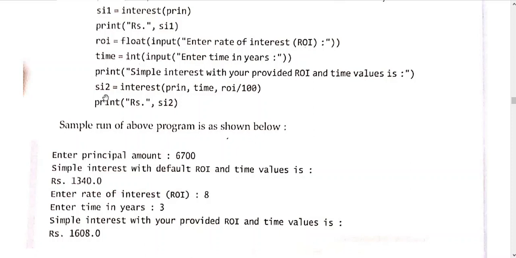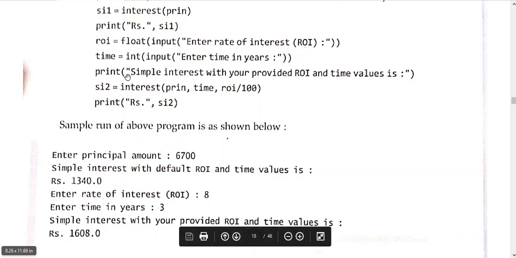Then after you enter the rate of interest, you can see it is written here. You have given value 8 for rate, and value 3 for time this time. Now this statement will be printed: simple interest for your provided ROI and time is.